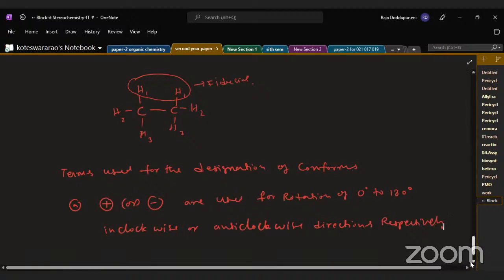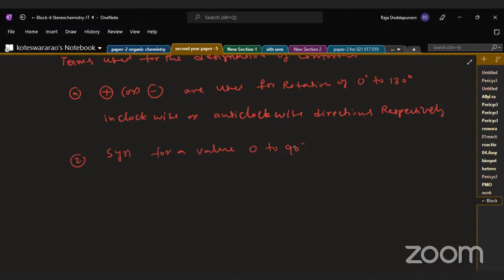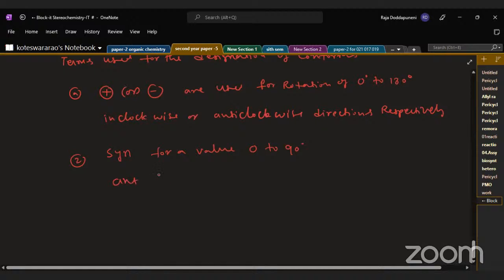Right. The second one. These are the plus and minus designations we can use, and we can also use syn. We can give the designation syn for an angle of rotation of 0 to 90 degrees, and we can give anti for a value of 90 to 180 degrees rotation, in both directions.